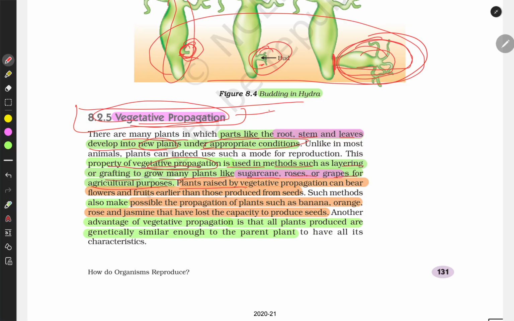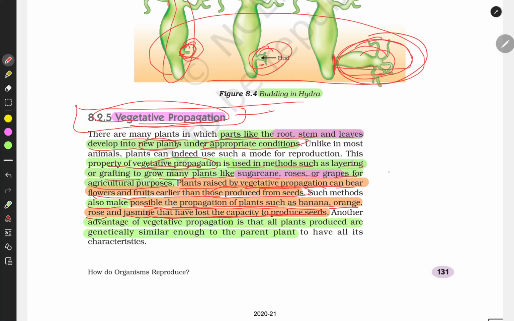Plants raised by vegetative propagation can bear flowers or fruit earlier than those produced from seeds, and such methods also make possible the propagation of plants such as banana, orange, rose, jasmine that have lost the capacity for producing seed.